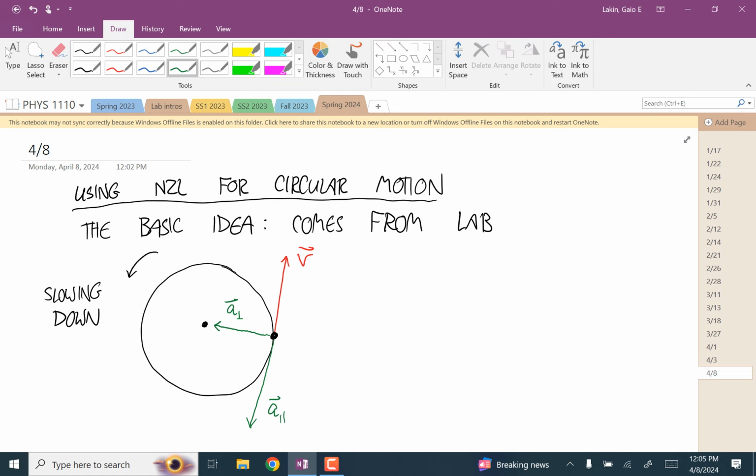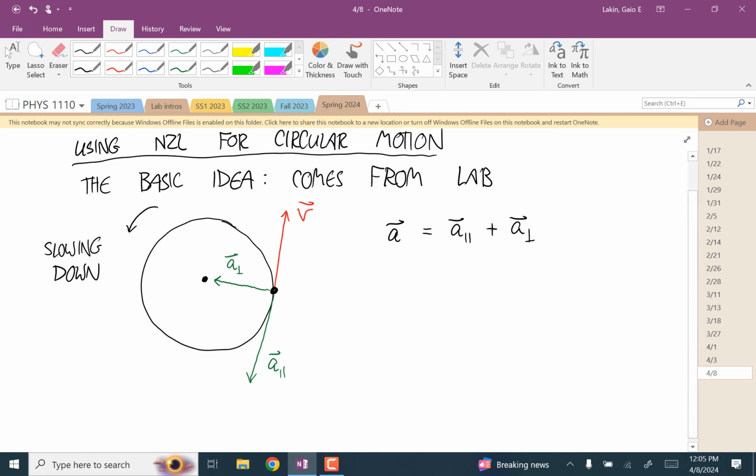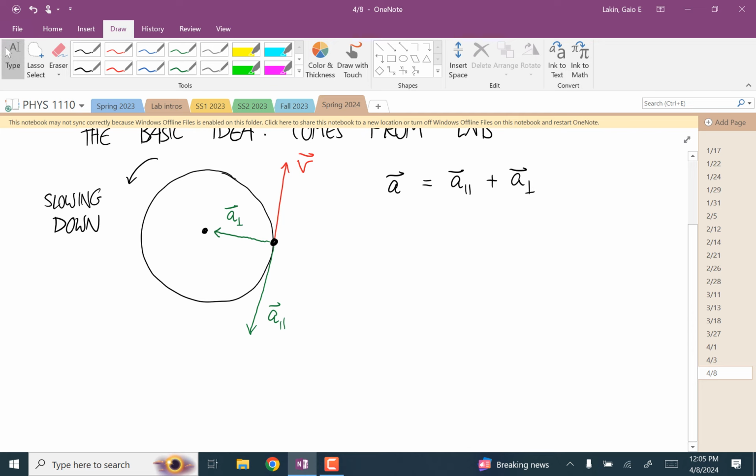In lab, then, what we say is, okay, the total acceleration is somewhere in between those two green directions. But mathematically, if we have numbers for those, and we're trying to calculate the total acceleration, it is the sum of those two parts. And so that's the most complicated stuff that has to do with circular motion. And hopefully that already feels pretty comfortable.